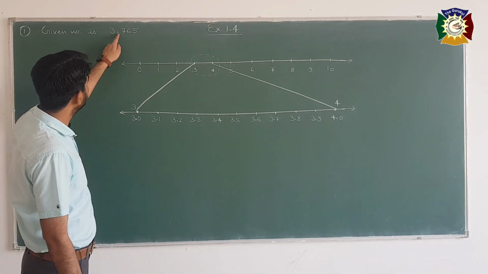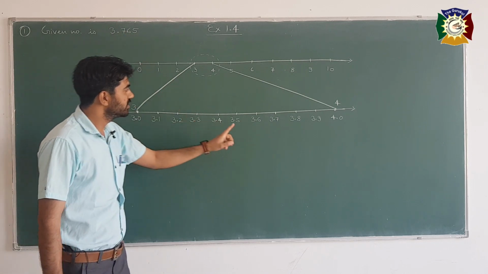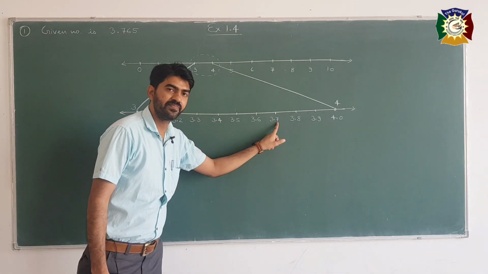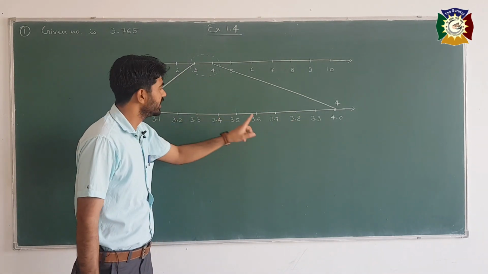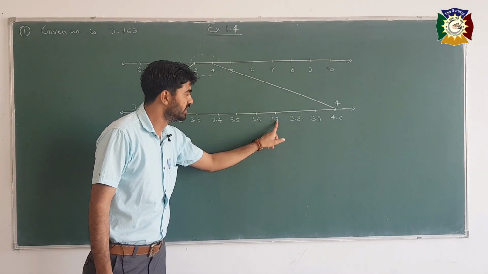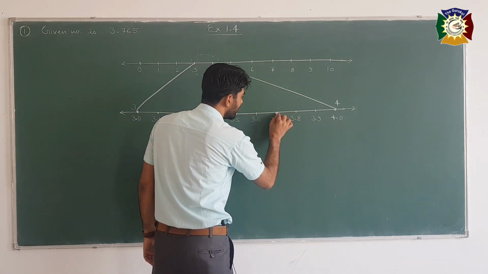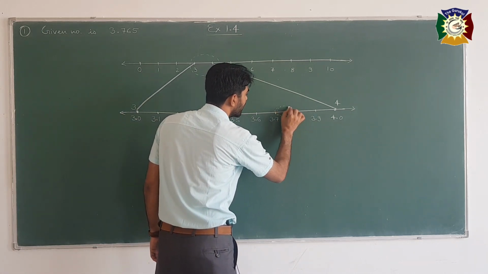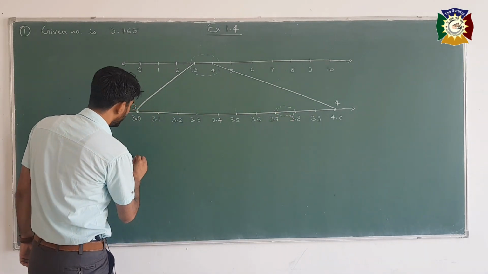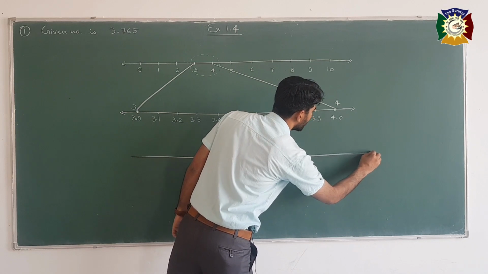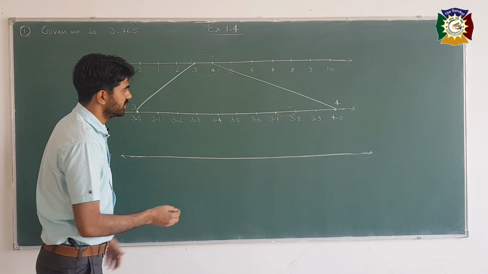Our number is 3.76. So it is greater than 3.7 and less than 3.8. The given number is greater than 3.7 and less than 3.8, so the number lies somewhere in this space. Again we have to magnify this gap. For that, again we will draw a line and mark the points.